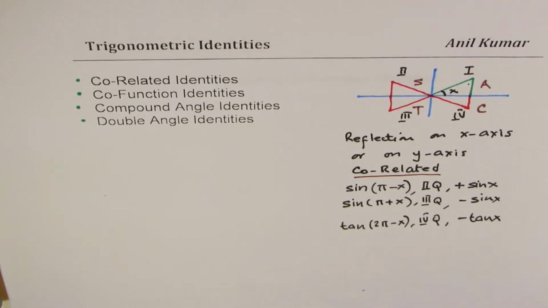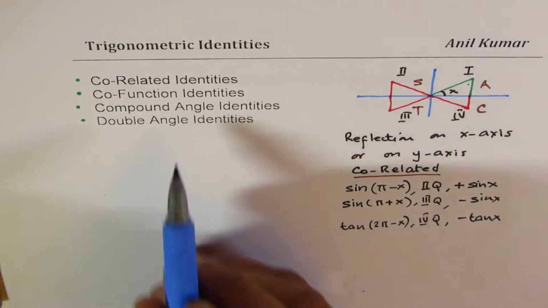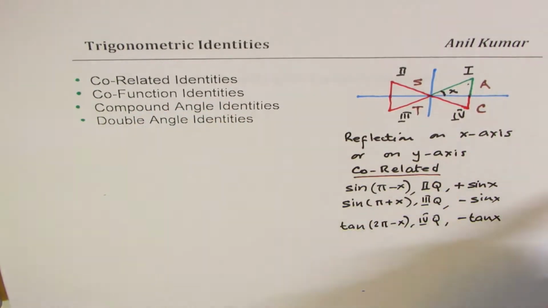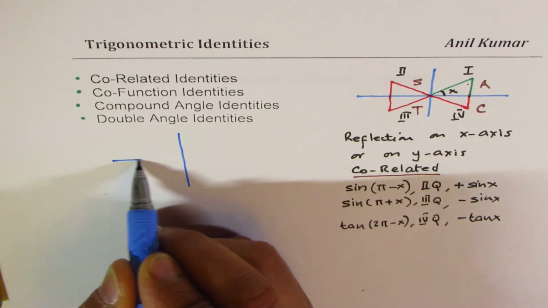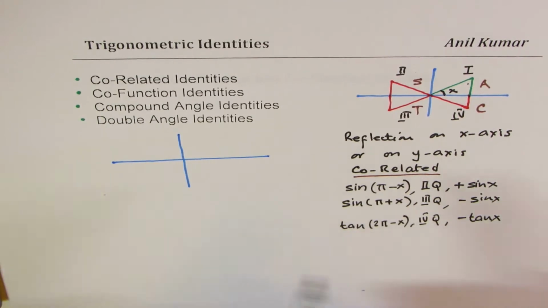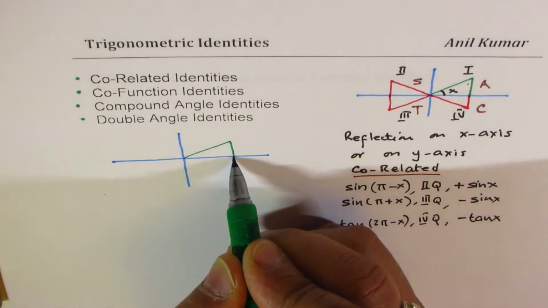Now, when we say CoFunction identities, what are we looking at? In CoFunction identities, we are looking for something like this. We again have a triangle, let's say with an acute angle of x.